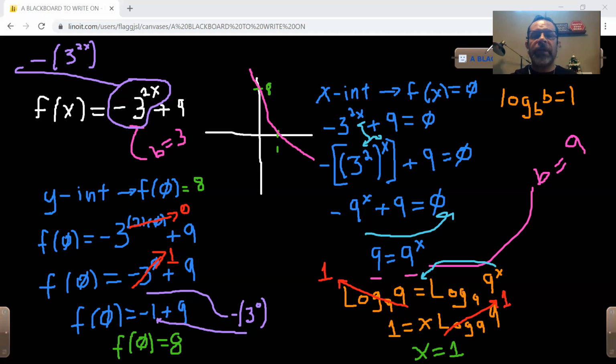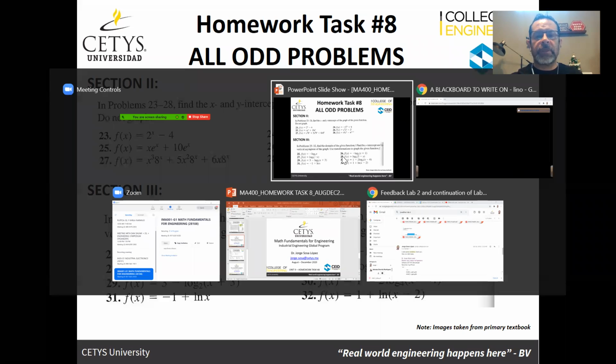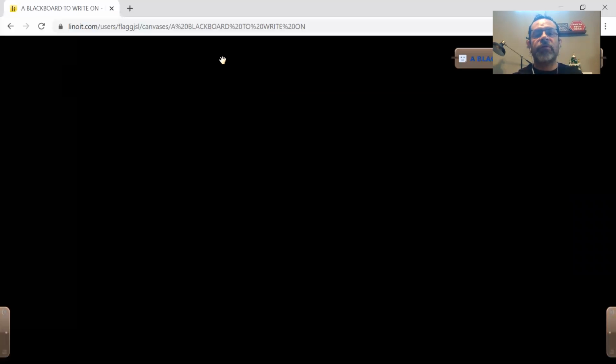So now let's do another example. Okay, now let's do problem 26. And it's the same thing. They're asking for the x and y intercept. So let's look at problem 26. Let's write it down over here.